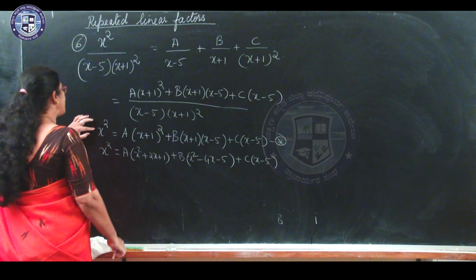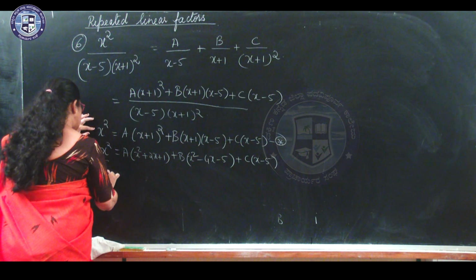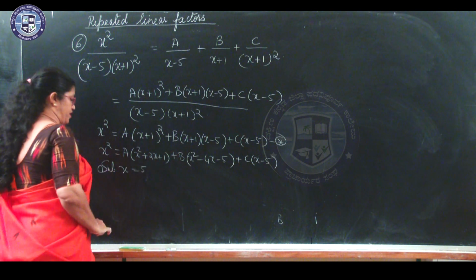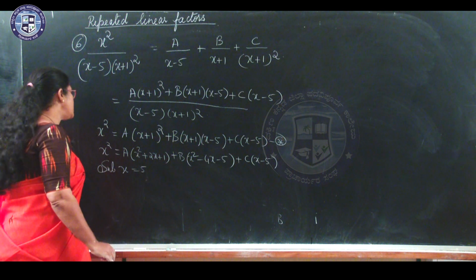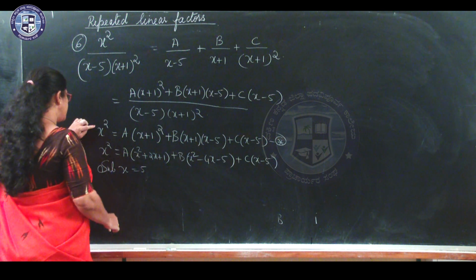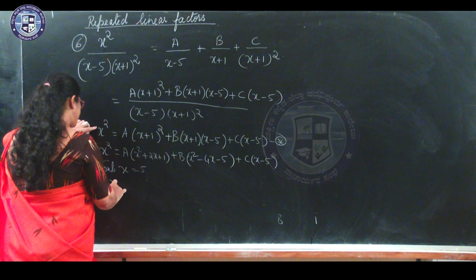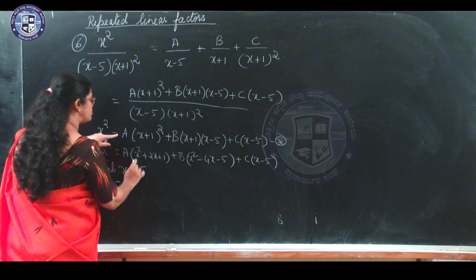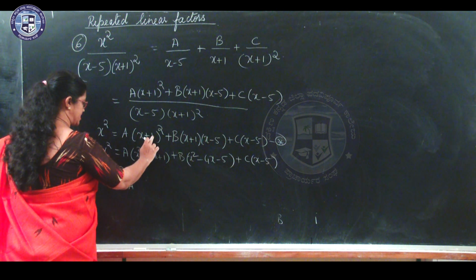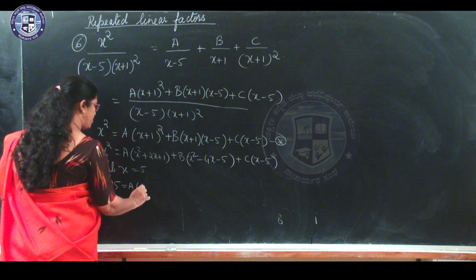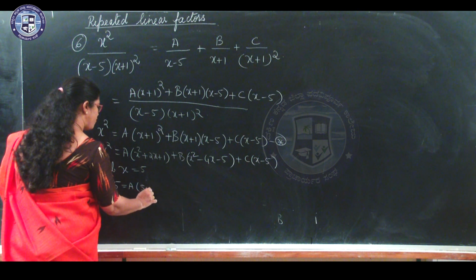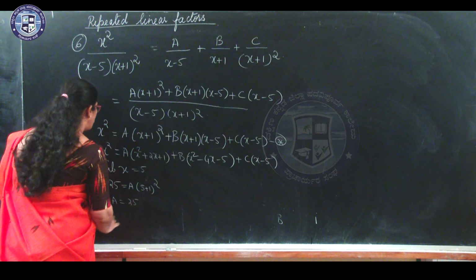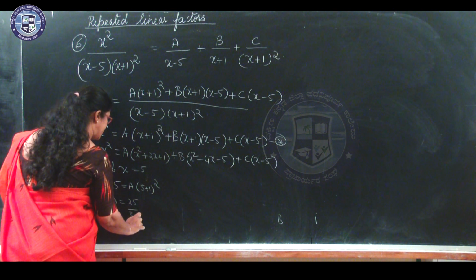Now, come back to star and do the substitution. Your first substitution is x is equal to 5. When I substitute x is equal to 5 in star, 5 square is 25 equal to a into (5 plus 1) the whole square. So, you get a is equal to 25 by 36.